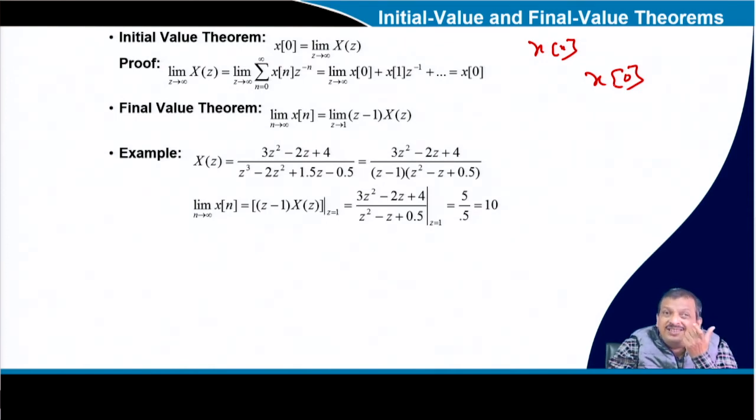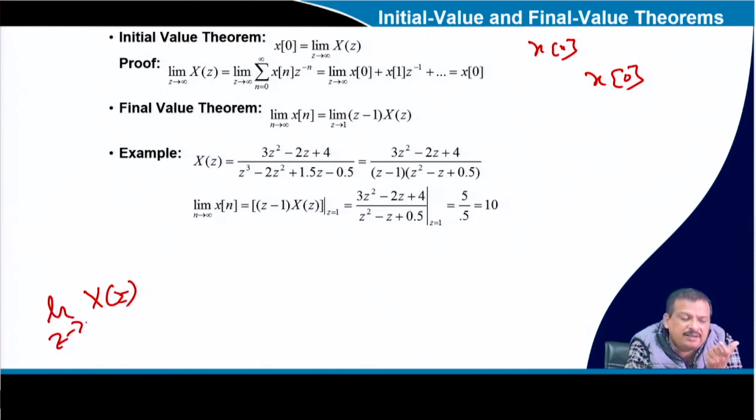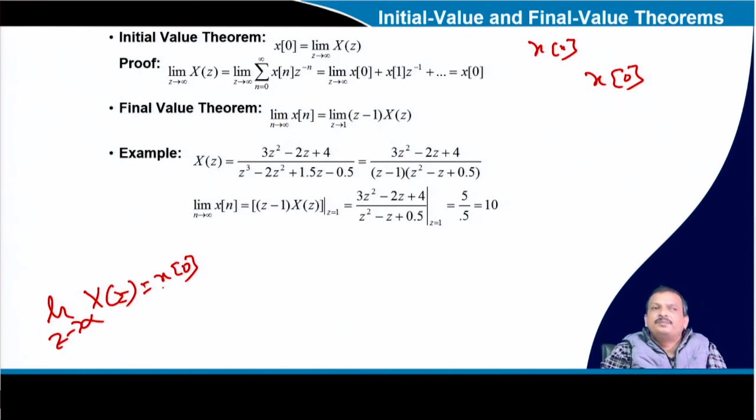If I know X(z), the z domain representation of the signal x[n], then if I take the limit z tends to infinity on that z domain signal, I get the initial value of the signal. So, for an unknown signal, if you know the z transform of that signal, then you can estimate the initial value of the signal, which is nothing but x[0].